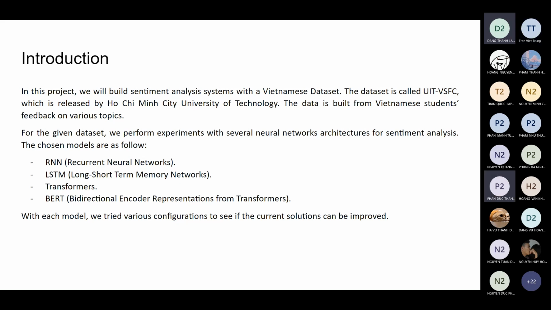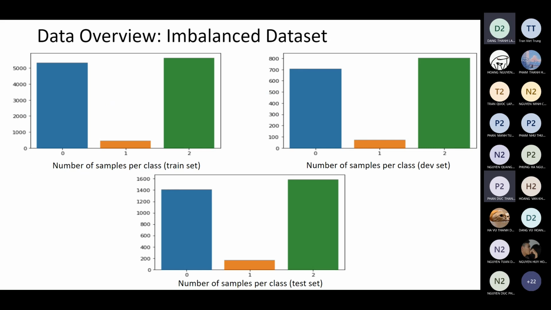Now I will present the overview of our dataset. The dataset has 3 classes: negative is class 0, neutral is class 1, and positive is class 2. As you can see, our dataset is very imbalanced. The number of samples in the negative and positive classes is much larger than in the neutral class.